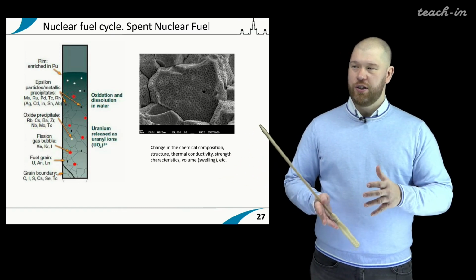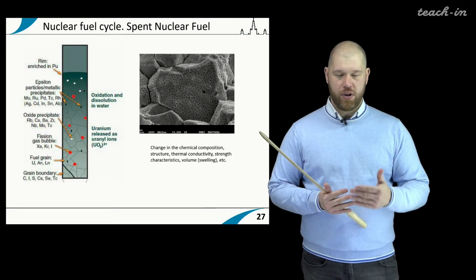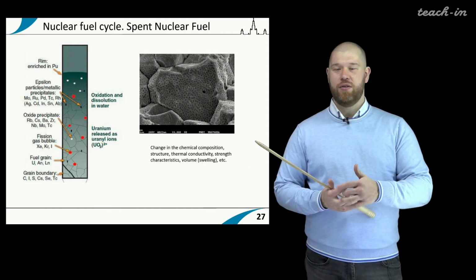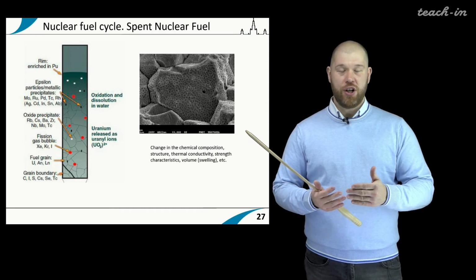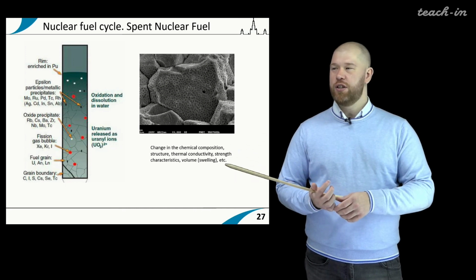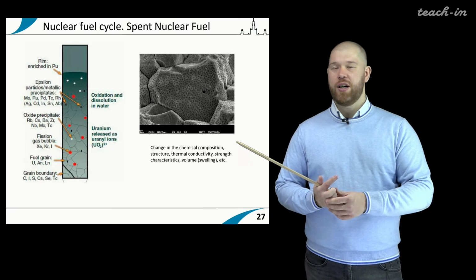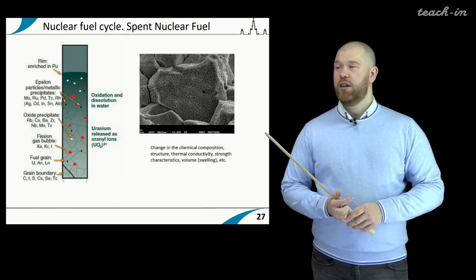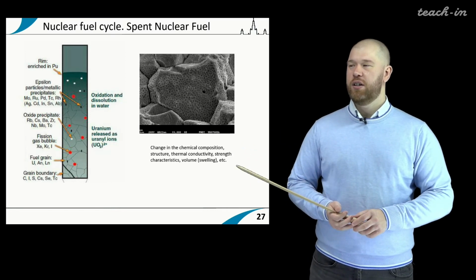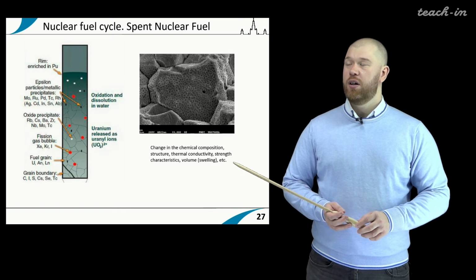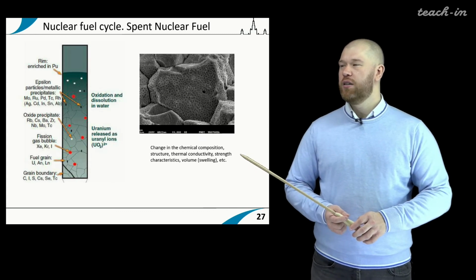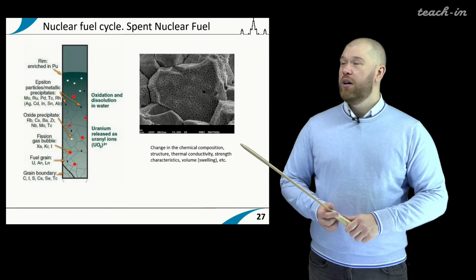So all of these changes, all of these new elements and new compounds, result in changes of the fuel properties: changes in the thermal conductivity and in mechanical strength. Also, some specific elements are formed that are called neutron poisons, like xenon, iodine, samarium, and some others.